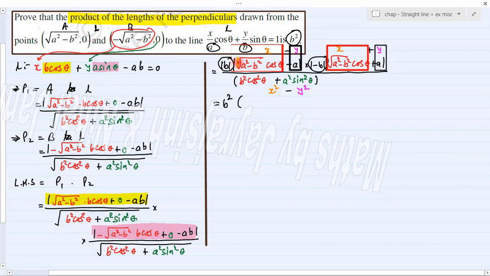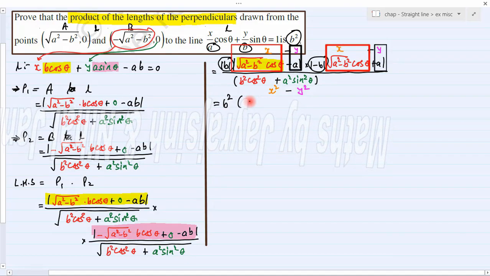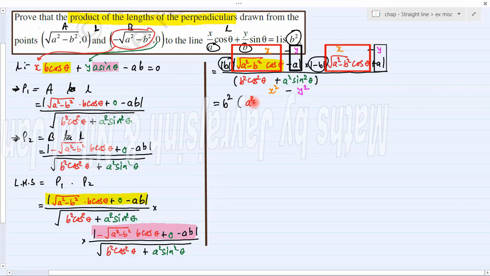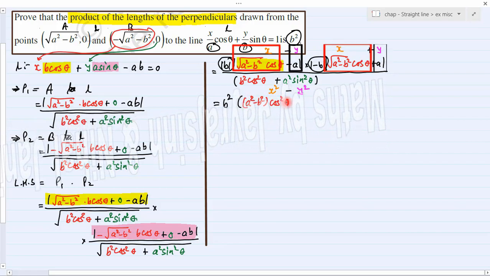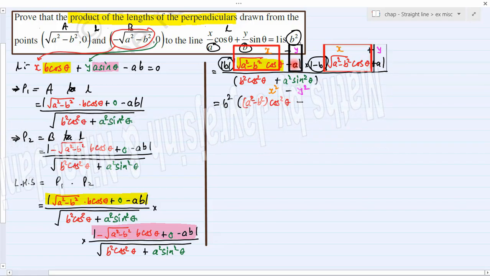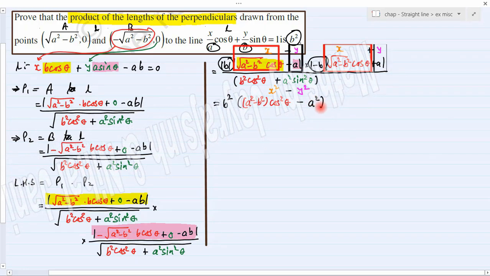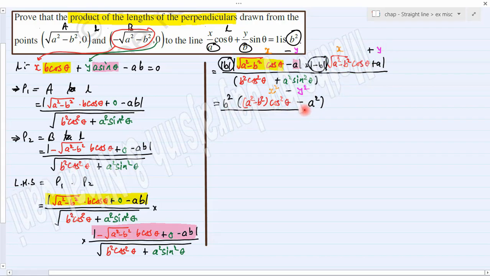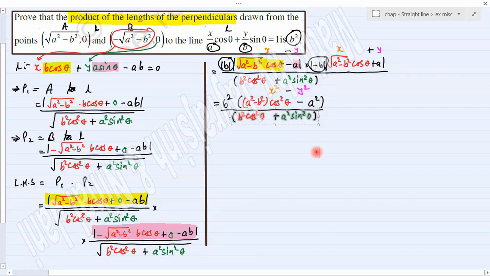So here we'll get whole square of under root of a square minus b square cos theta, which will become a square minus b square cos square theta, minus the square of y, which is a. So it will be minus a square, upon your denominator, which will remain as it is.